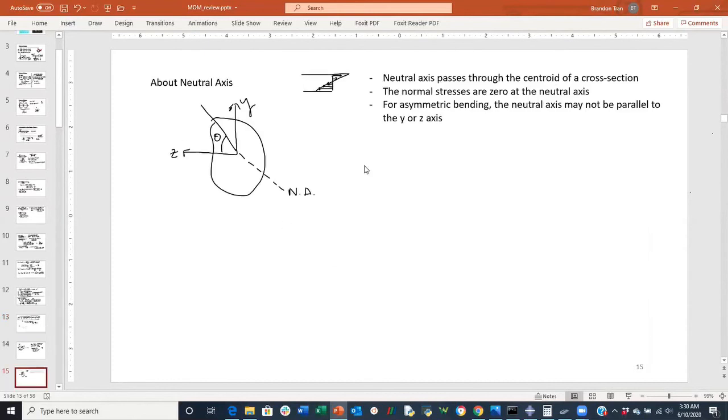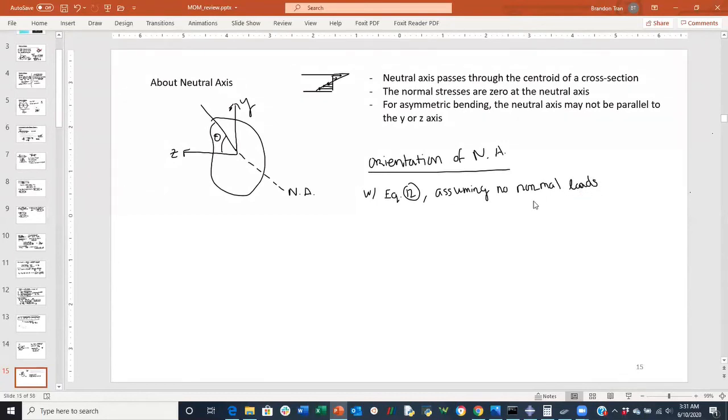So, the orientation of the neutral axis: assuming equation 12, and assuming no normal loads, we essentially get the following.